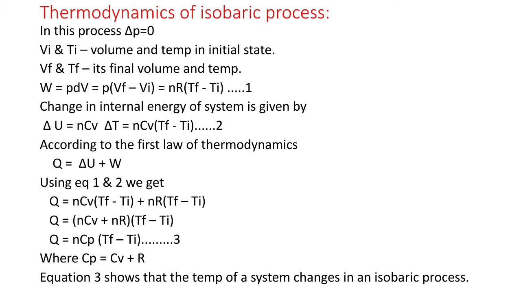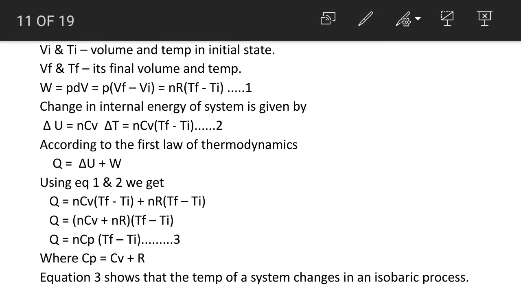Here the pressure of the system remains constant in this process, that is delta P is equal to 0. Consider an ideal gas undergoing volume expansion at constant pressure. Here Vi and Ti are the initial volume and temperature of the system, and Vf and Tf are the final volume and final temperature.